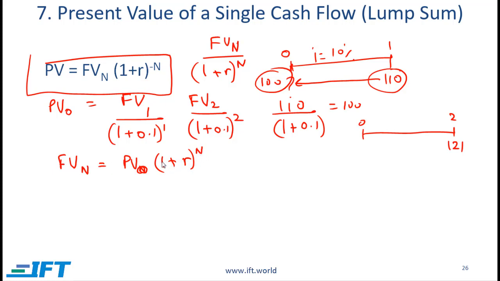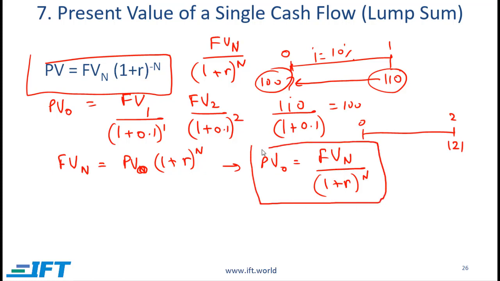And you can simply algebraically rewrite this as present value at time 0 is equal to future value at time n divided by 1 plus r to the power of n. So that then is the formula, and the concept, as I said before, is simply that we need to determine the present value of a certain cash flow that you will receive in the future, and we then use the interest rate to discount back.